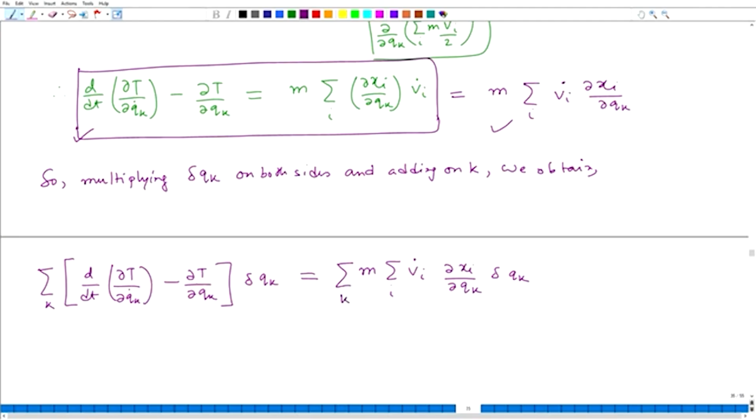I can do that without losing any generality mathematically.